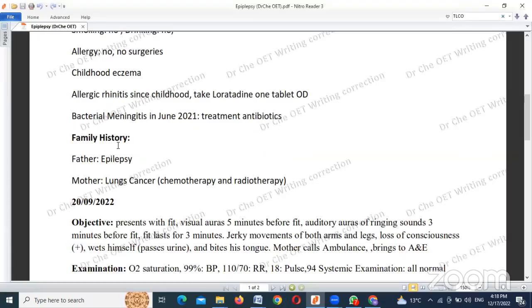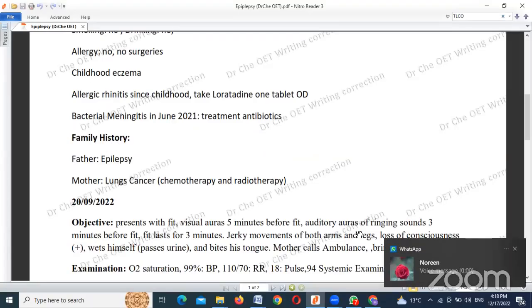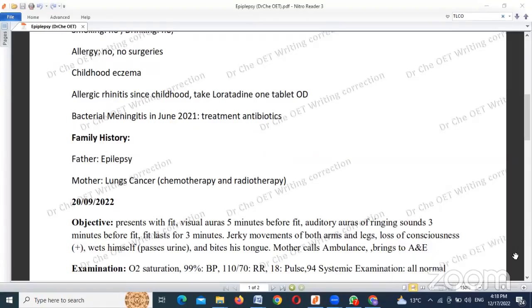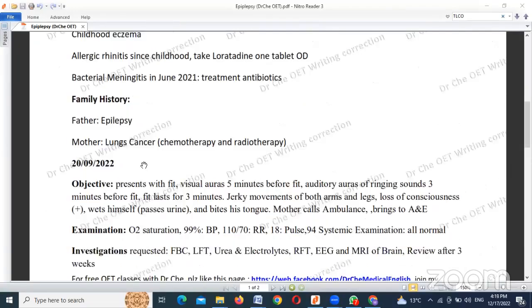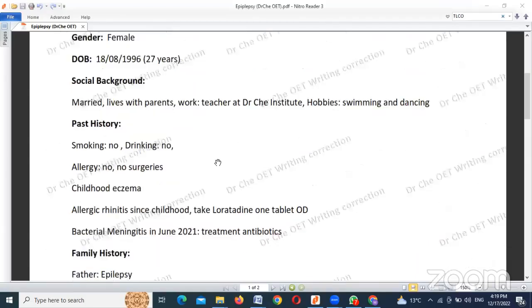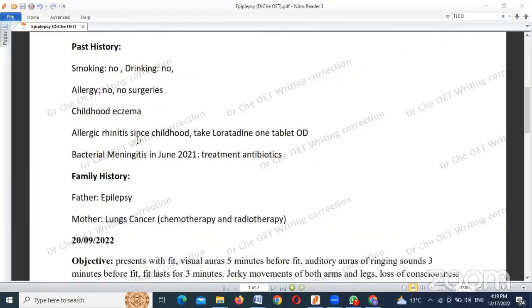We have family history of epilepsy, and history of lung cancer in the mother. So this is just past history, social history, all of these things.